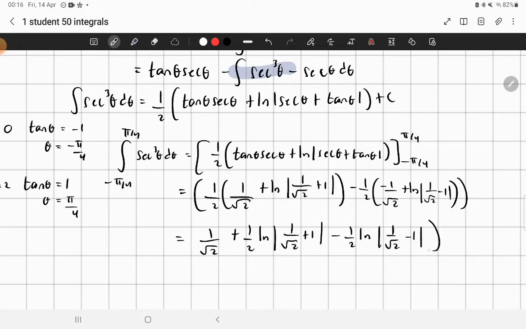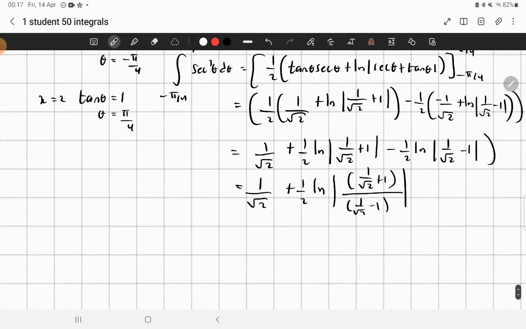Alright, so this essentially factoring 1 over 2 ln, and I could use the properties. Essentially I have 1 over square root 2 plus 1 divided by 1 over square root 2 minus 1. So 1 over 2 ln 1 over square root 2 plus 1 divided by, times the value of 1 over square root 2 minus 1.